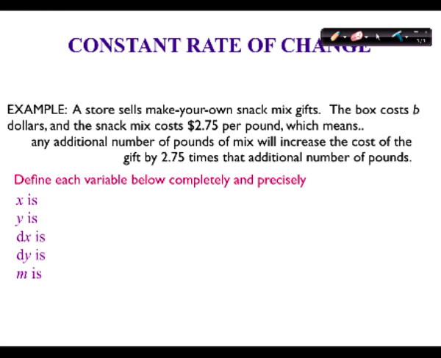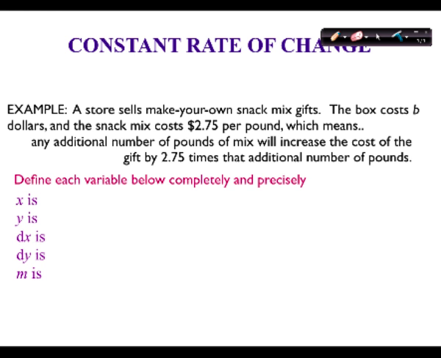What do they do? Yeah, look for the numbers, look for a formula, and try to get an answer, right? Rather than that, we want to emphasize in a conceptual approach, let's understand the situation. Let's make sure we understand it, and let's model it mathematically before we do any calculations. So we're going to model the situation with variables and parameters. We're going to define each variable below completely and precisely.